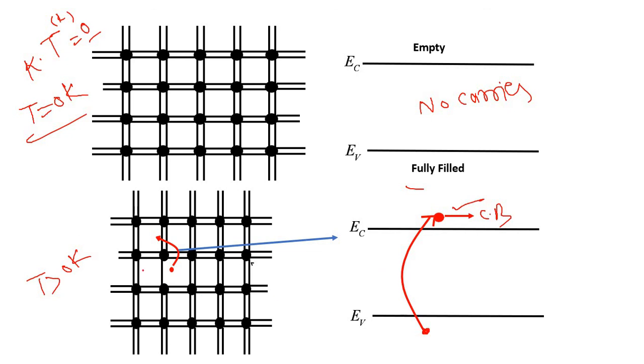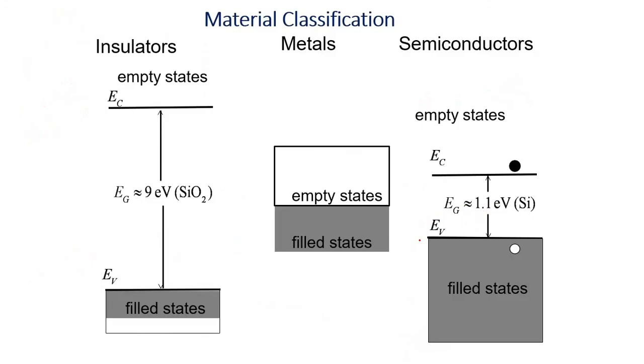Okay, so if there is a vacancy, which we have already discussed, we will show it as a hole, which will move opposite to the electron. Okay, how do you classify materials based on the energy band diagram? So these are the states where no electron and hole can reside. If this difference is a bit higher at room temperature, around 5, 6, 7, 8, 9 eV, then it is called an insulator.